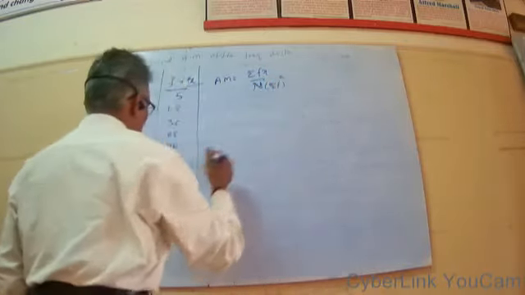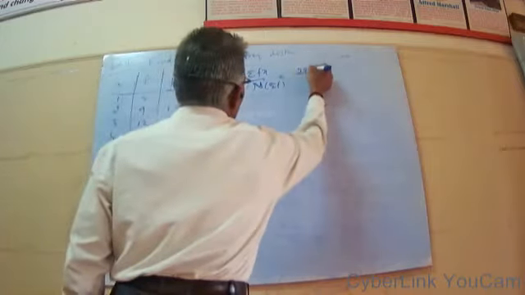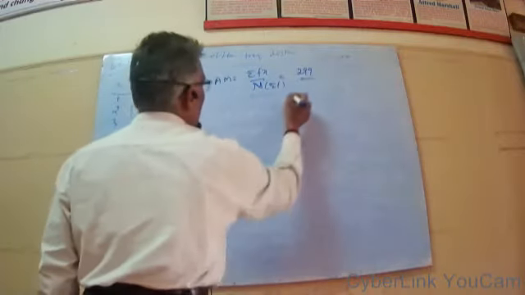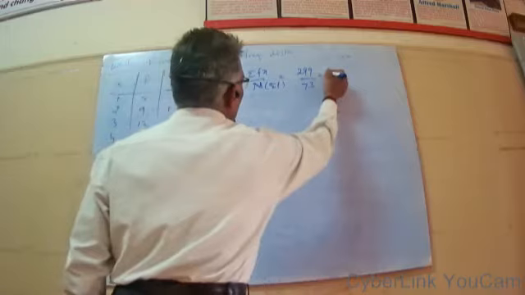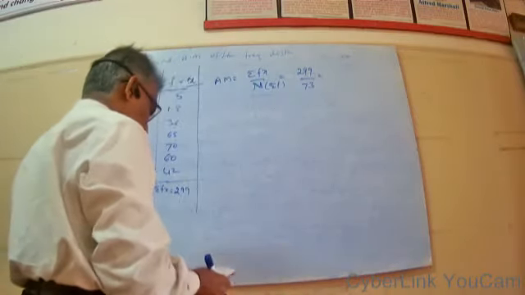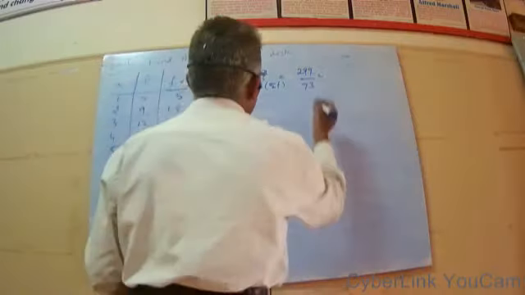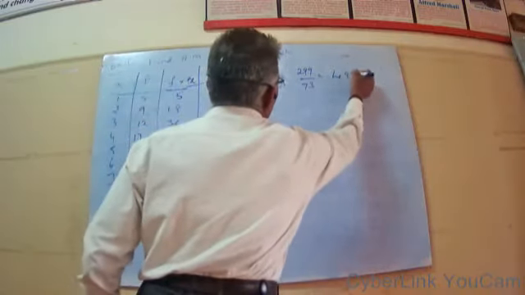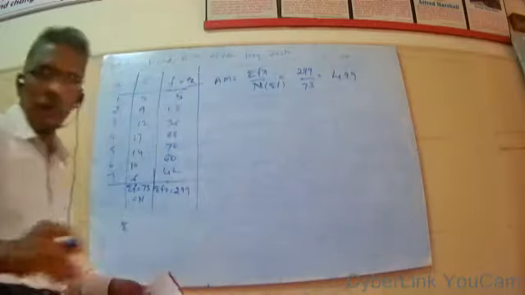So this equals 299 divided by 73, and the answer is 4.9, roughly 5.